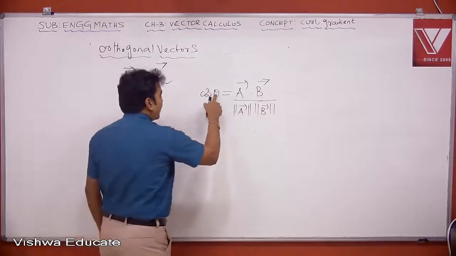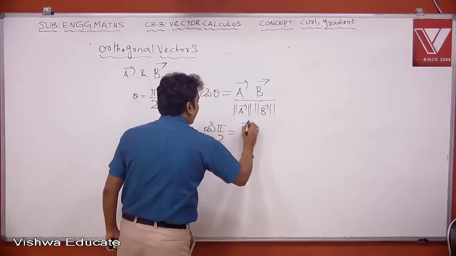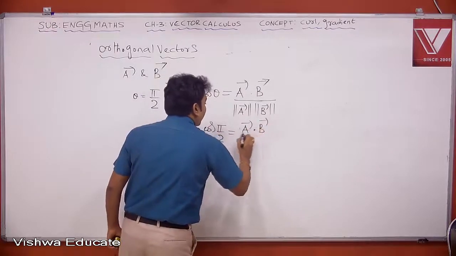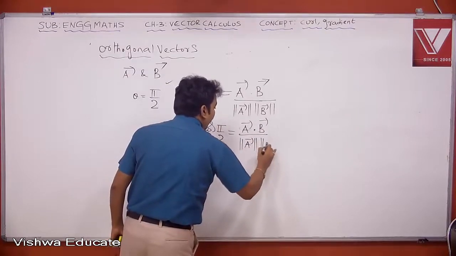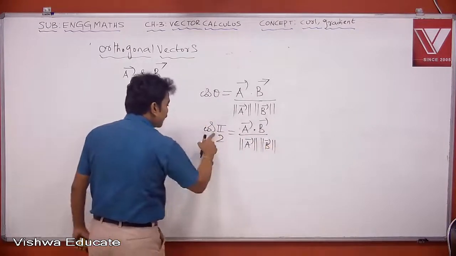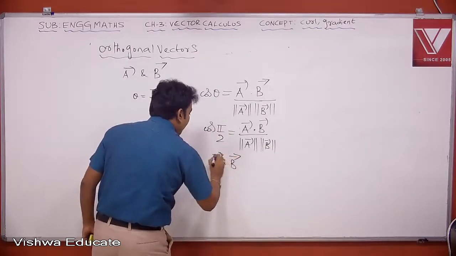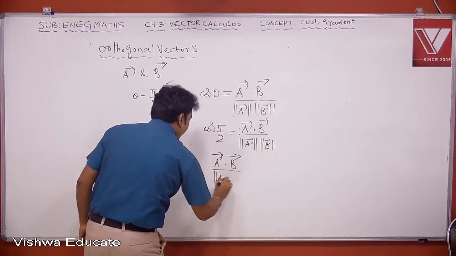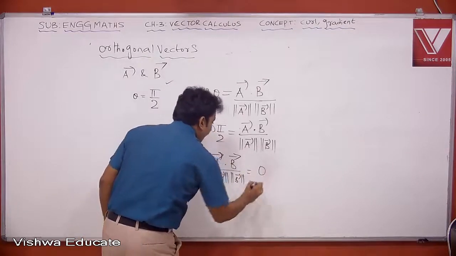So when theta is 90 degrees, my expression becomes cos pi by 2 equals A bar dot B bar divided by norm A bar times norm B bar. Now this is 0. Therefore I can write it as A bar dot B bar divided by norm A bar times norm B bar equals 0.